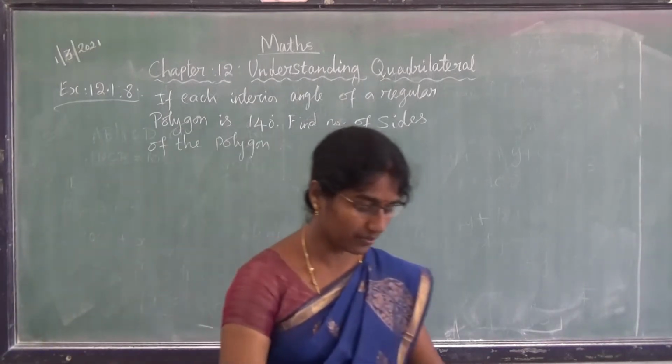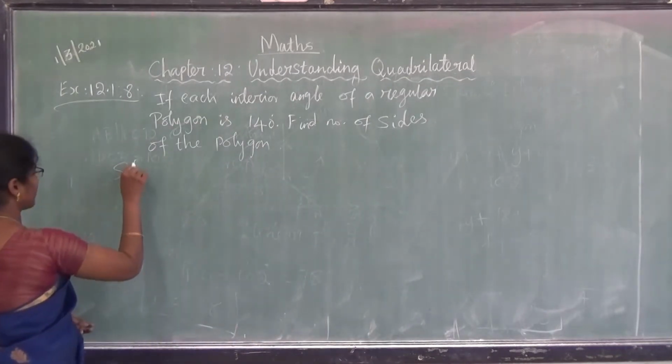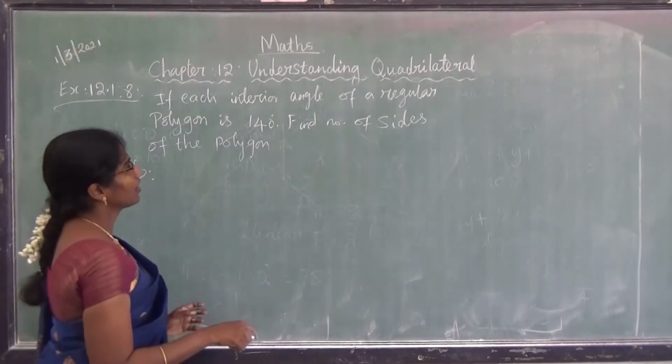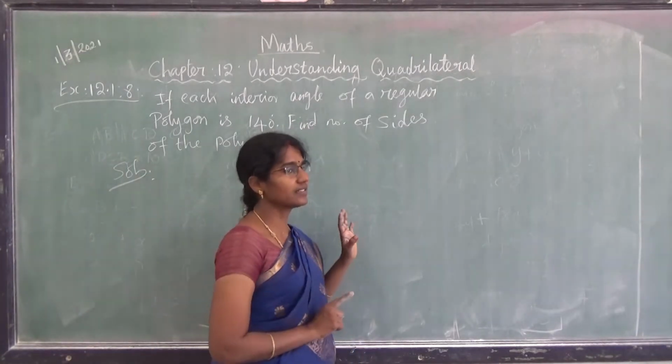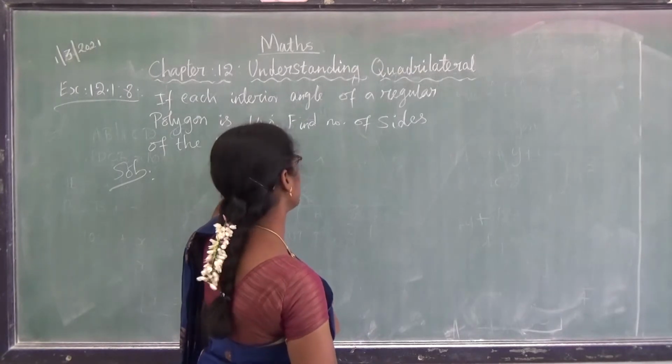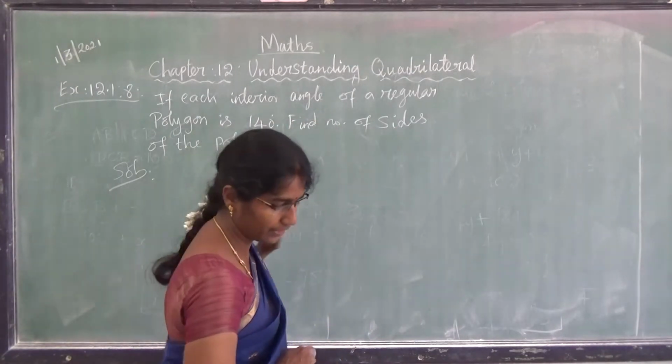Here we are going to find the number of sides of the polygon. What is given? Each interior angle of the polygon is given as 140 degrees. Now totally how many sides are there in that polygon, that we need to find.